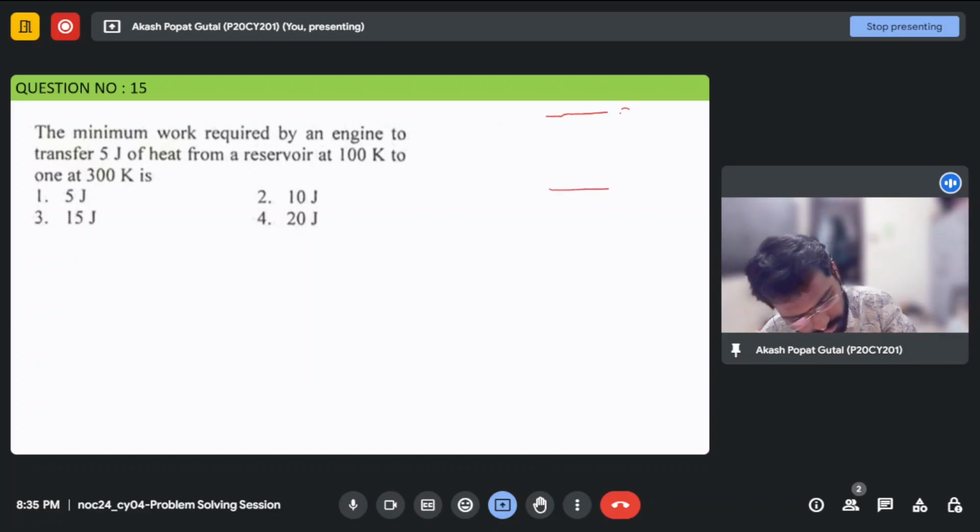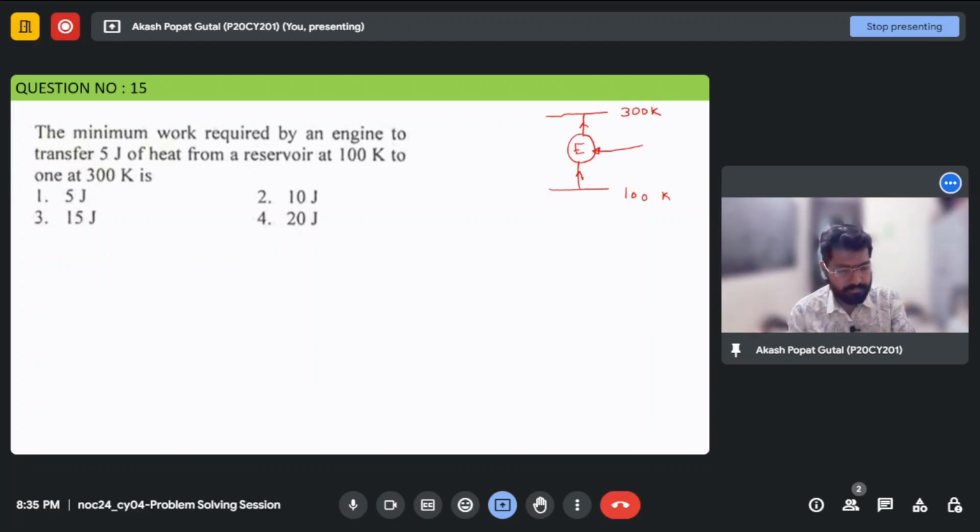So this is the hot reservoir at 300 Kelvin. This is the cold reservoir at 100 Kelvin. And this is the engine E. And W is the work we need to do in order to take heat from the cold reservoir to the hot reservoir. We will name the heats QC and QH.